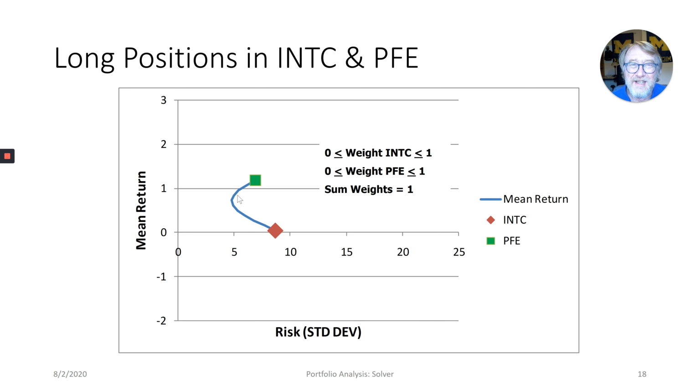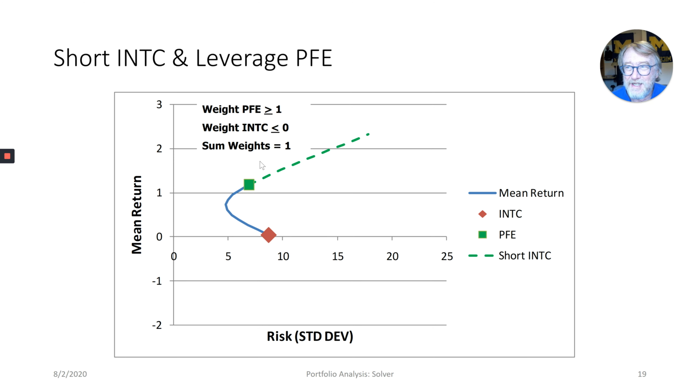If you go short, you can really have fun. Shorting is where we arrange with your stockbroker. He will give you Intel stock. You sell it. You take the proceeds and you put it into Pfizer. That's how you can short Intel, and you can use that to leverage your Pfizer.